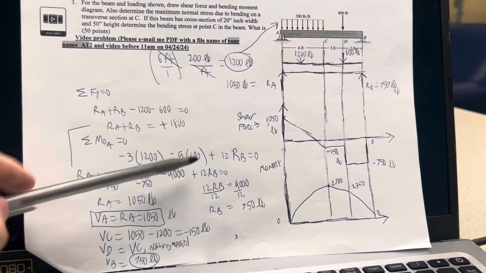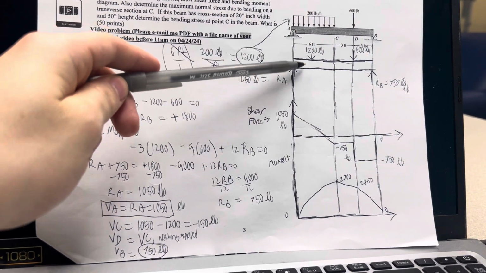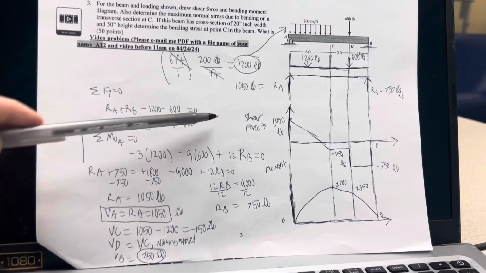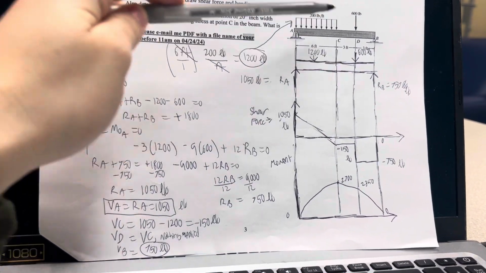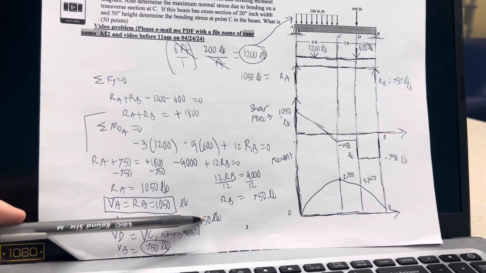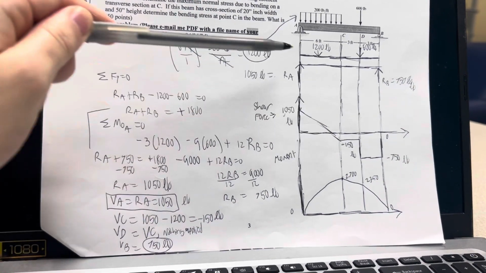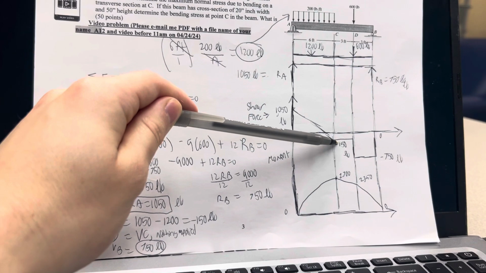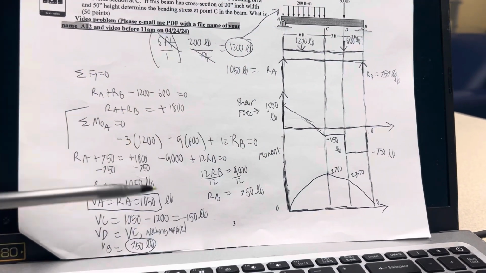And then I bring in this 1,200 right here because it's going through this to get to C. So 1,050 minus 1,200 is going to equal -150. So I draw a line going all the way down to -150 pounds.